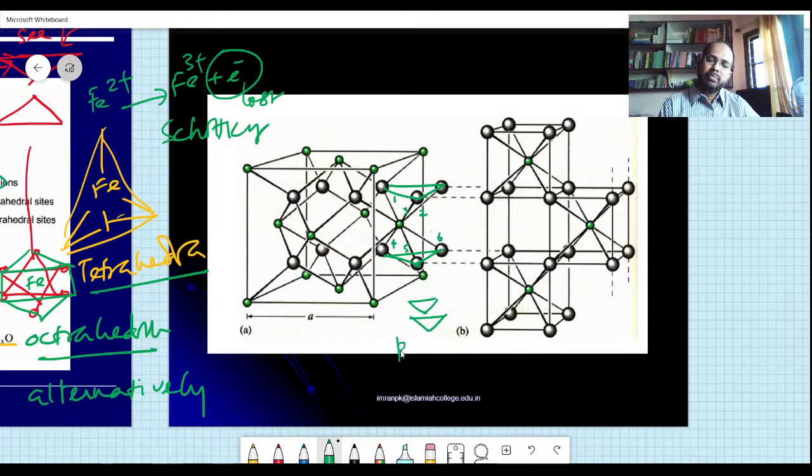A prism-like structure. This should be like this, and if it is like this, then only you can get octahedral arrangements. And within this, you can see that there is a possibility of a hexagonal type. Okay, SCP type arrangements.